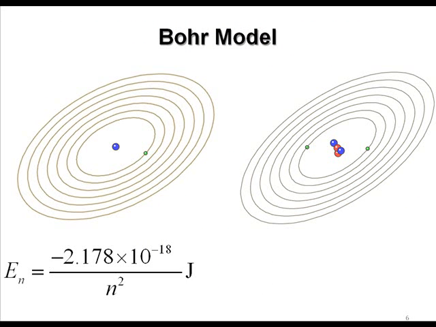It doesn't work. And the reason why it doesn't work is that on the left you see a hydrogen atom. You see the blue nucleus and the green electron going around the outside. Using this model, Bohr was able to calculate the amount of energy that the atom should give off when you give it electricity.